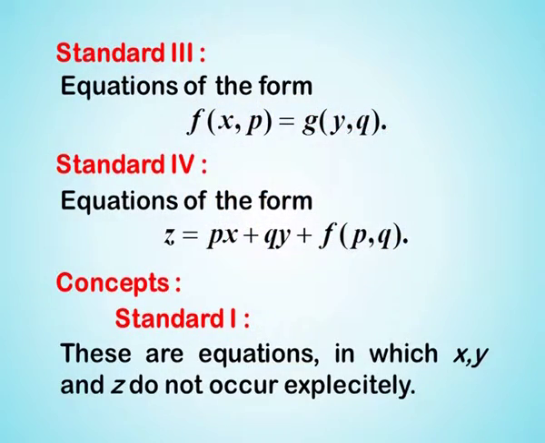We give a little brief idea as to how to solve them, and we start with the concepts of standard 1. As I have told you, these are equations in which x, y and z do not occur explicitly.